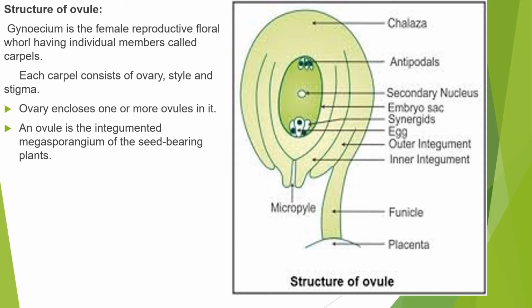The end opposite to micropyle is called chalaza. Inside the nucellus there is a female gametophyte or embryo sac, which consists of antipodal cells, secondary nucleus and egg apparatus.